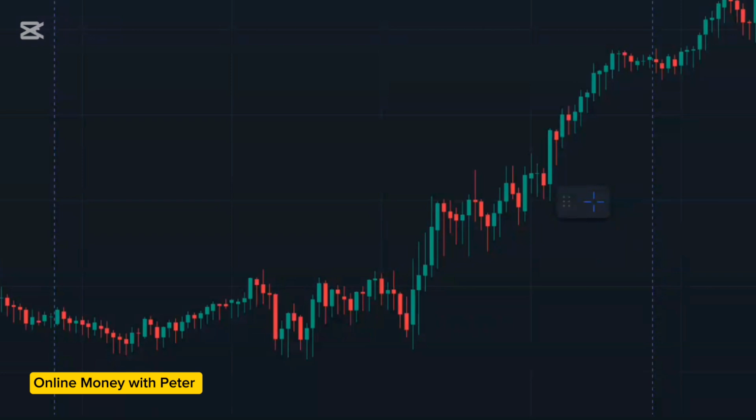Perhaps it could be a ratio of 1 to 2 or 1 to 3, depending on the kind of trader that you are. All right, so thank you very much for stopping by once again. This is just a brief explanation of how to analyze the doji candlestick pattern and how to take the trade.